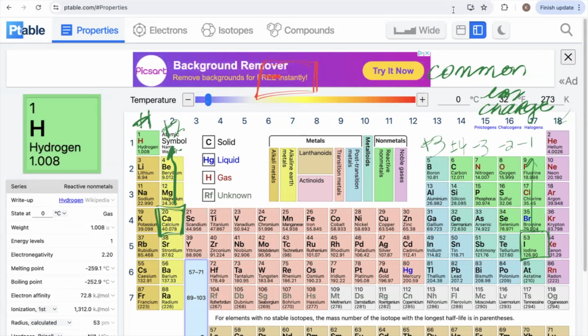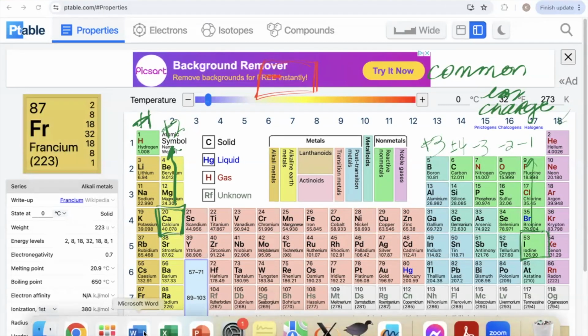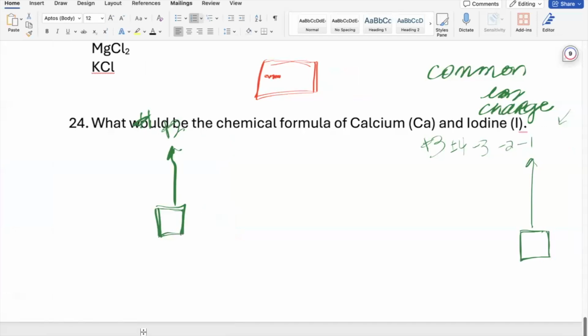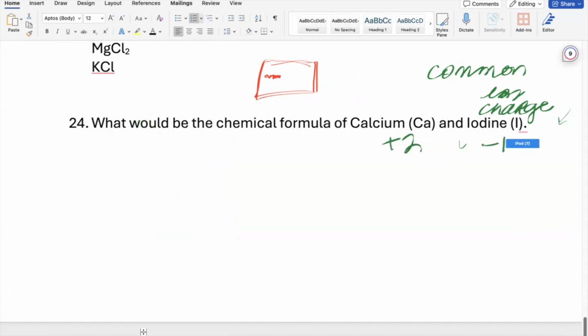Now I'm going to take that back to the Word document. All right, so calcium is a +2 and iodine's a -1. With making an ionic compound, you always want it to be neutral. You can think of it that way, or the easier way for people is to flip the charges.